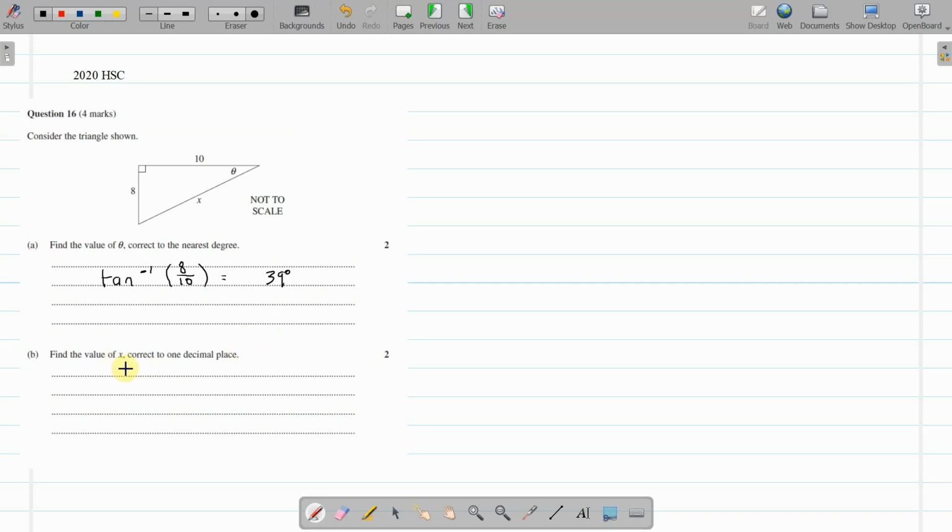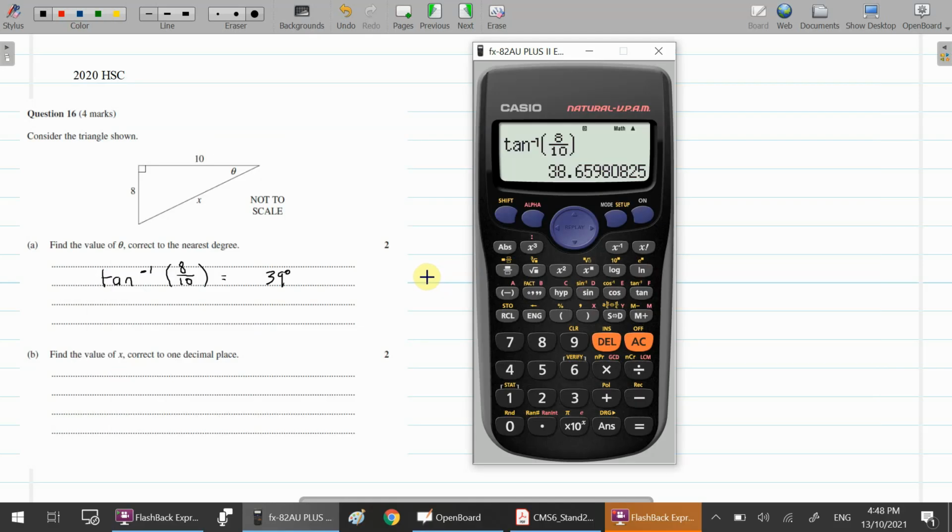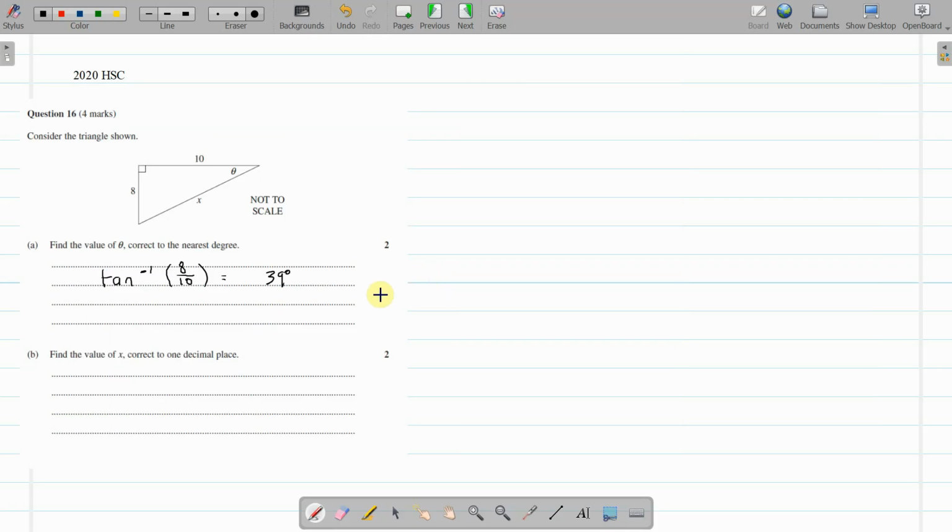Find the value of x to 1 decimal place. I'll just check. Okay, the value of x, so we want to find a hypotenuse. Well, we can use Pythagoras even, because the square of the length of the hypotenuse is the sum of the squares of the other two sides.